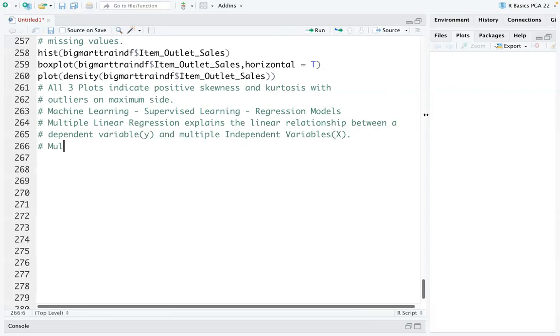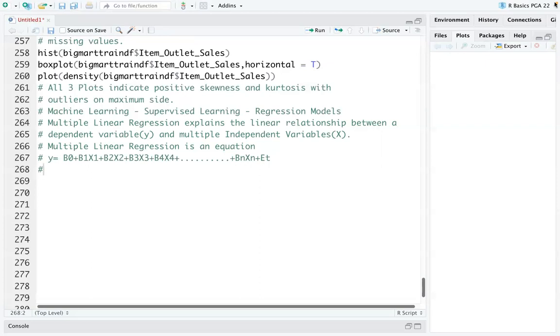So multiple linear regression is an equation. What is the equation? Anybody? Y is equal to beta naught intercept plus beta 1 x1 plus beta 2 x2 plus beta 3 x3 plus beta 4 x4 till beta n xn plus the residual or error term.